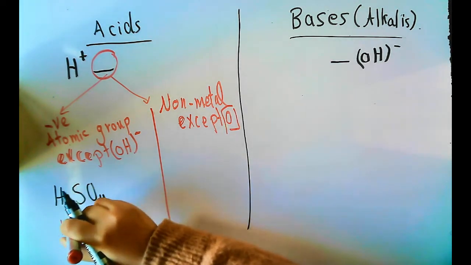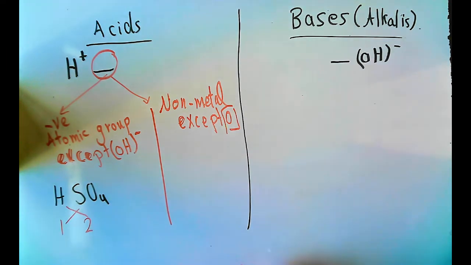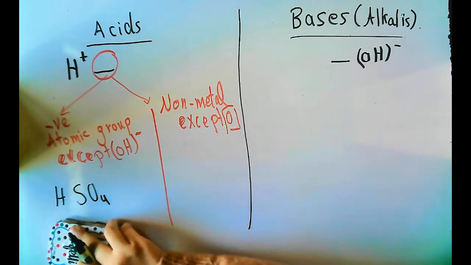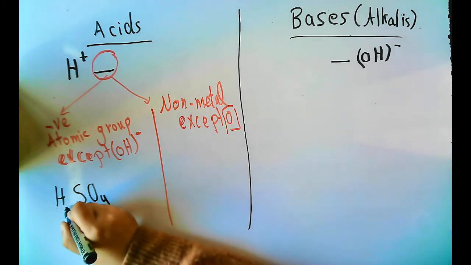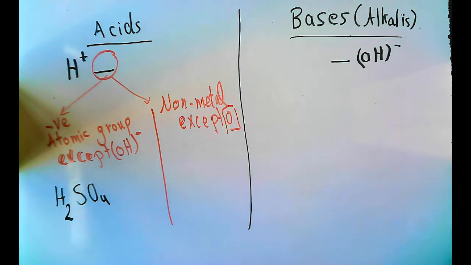So we exchange the valency. The hydrogen will take the 2 and the sulfate will take the 1. So it will be H2SO4. This is called sulfuric acid.